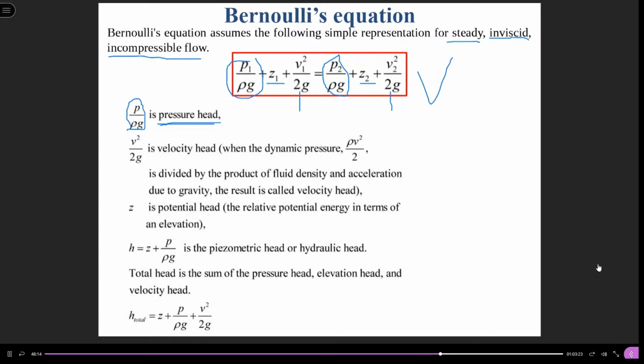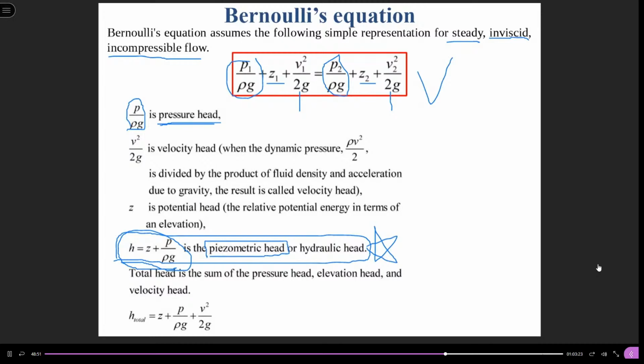Please note that this equation is the piezometric head or hydraulic head. Please note this. After that, the total head is the sum of the pressure head, potential head, and velocity head.